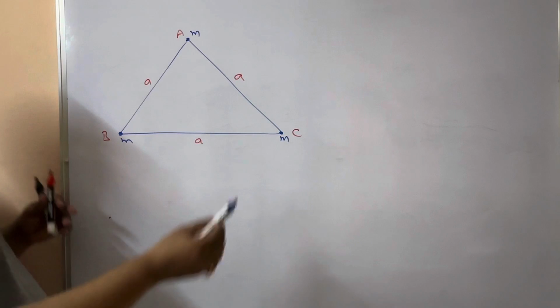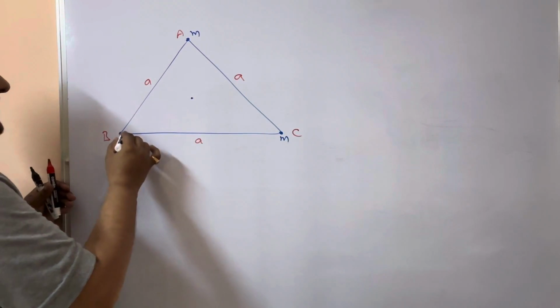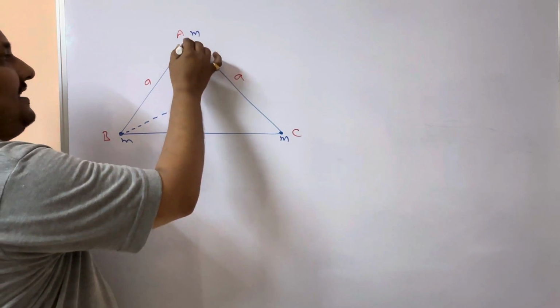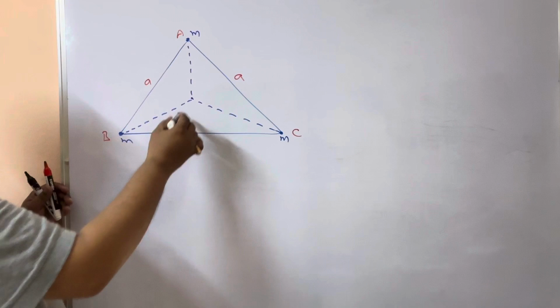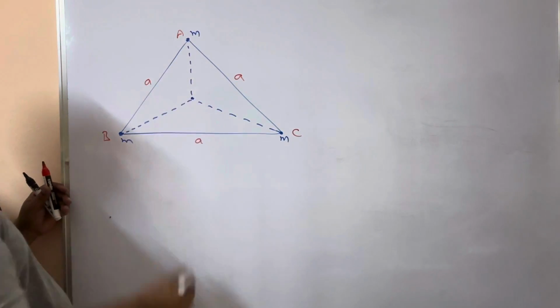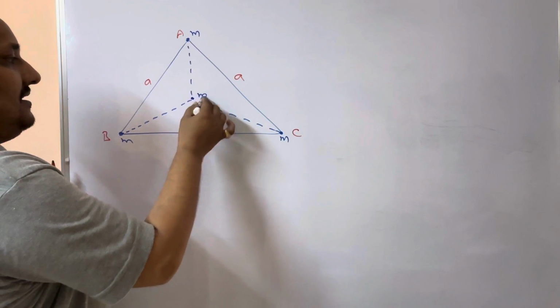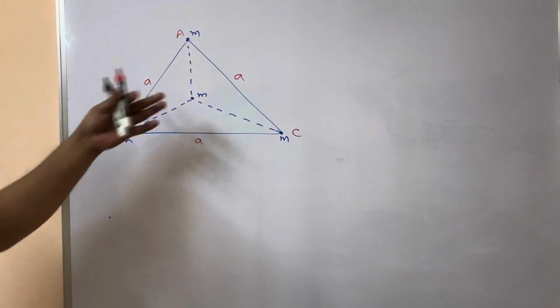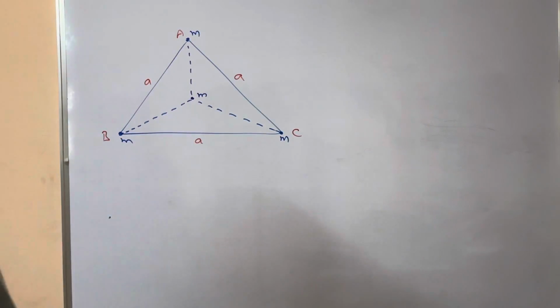Now, if we place a fourth similar mass at the center of the triangle, then what is the resultant gravitational force on the fourth mass? Let us assume this is another mass m. Otherwise, some people will say 1 kg, 2 kg; you can assume.